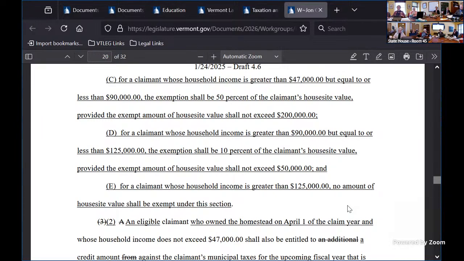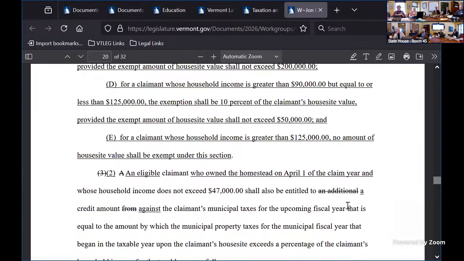It's only a 10% exemption afforded for folks in this income category. You would exhaust that house site exemption at a $500,000 figure, but you'd be accruing that exemption quite slowly relative to how quickly folks in the lower income tiers would receive it. Above 125,000, no house site value exemption would be available.